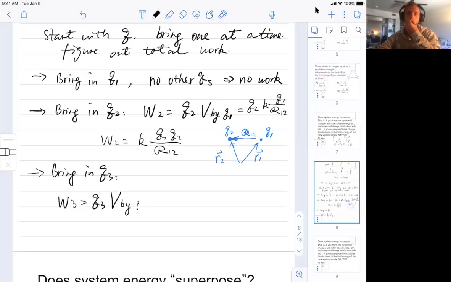Would it be by both of them? Yeah, that's what I'm thinking. By both of them. Thank you, Jasmine. Also, thank you for the answers. Okay, so it's going to be by 1 and 2 because both of these create the electric potential in space, and Q3 is going to feel it. Yes, so it's going to be Q3 times potential caused by one of them.